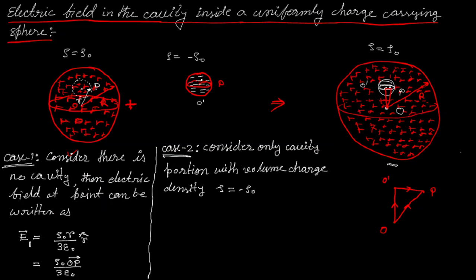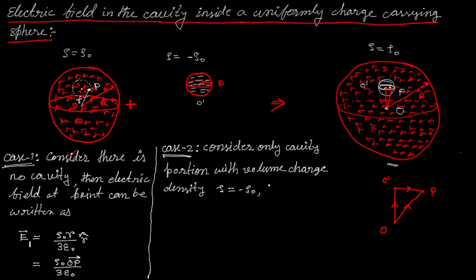So now consider this sphere. This is also a sphere, and in this case it also carries a uniform charge density, only this charge density is now negative. And this point P is also within this cavity. That means in this case it will be inside a uniformly charged sphere.